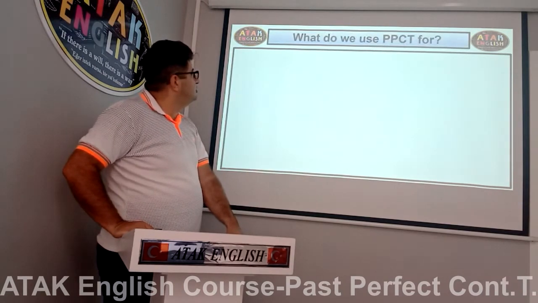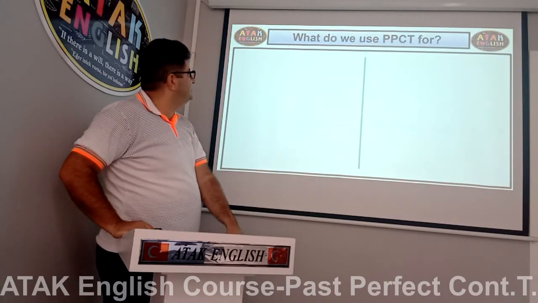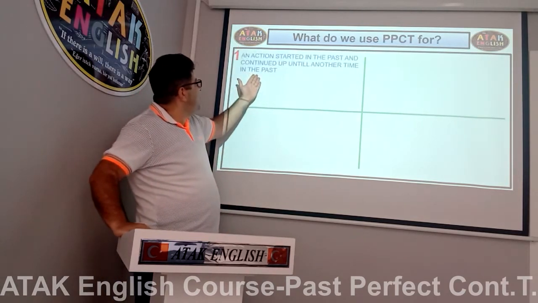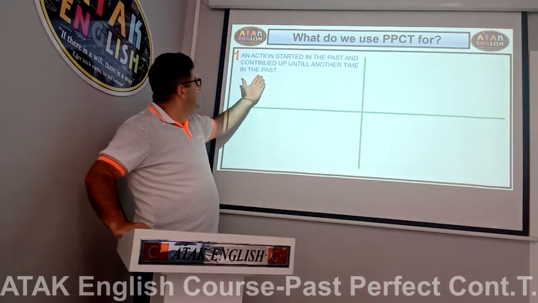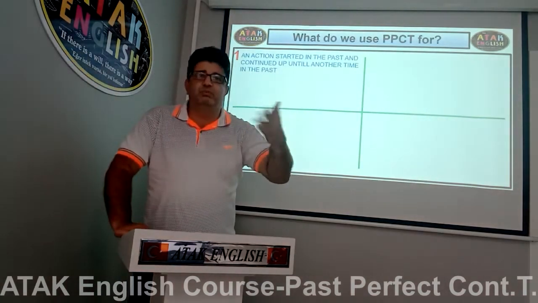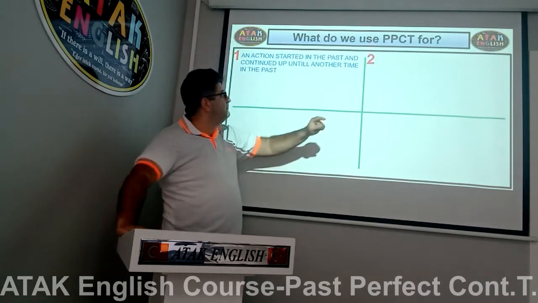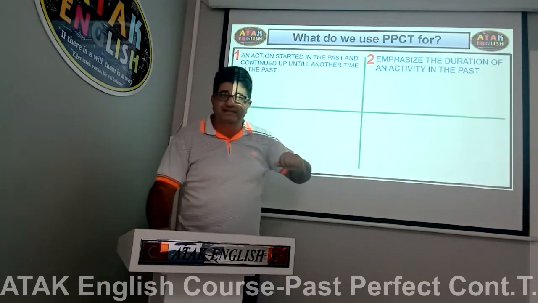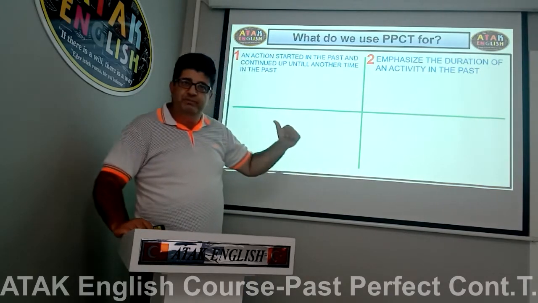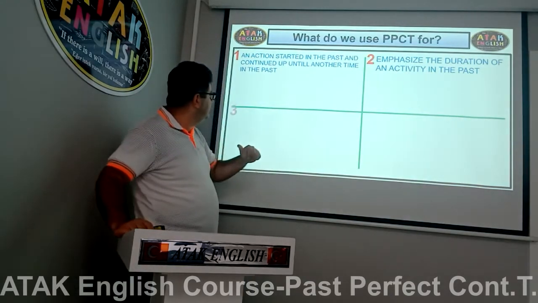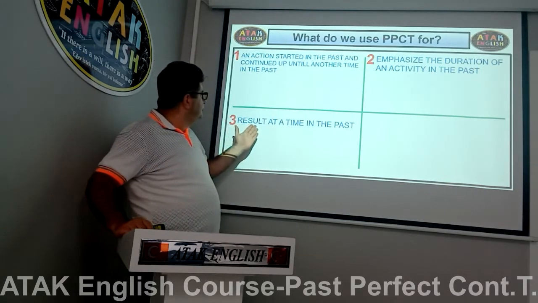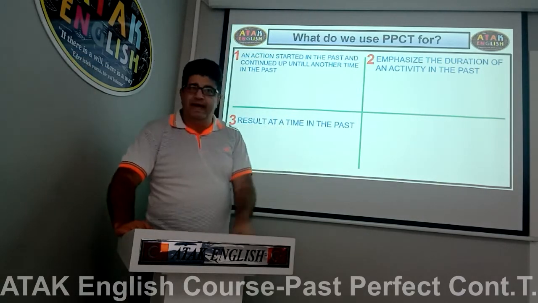What do we use past perfect continuous tense for? Number one, for an action started in the past and continued up until another time in the past. That's what we were talking about. Number two, to emphasize the duration of an activity in the past. We just mentioned it, and we're going to mention it in more detail. Number three, for a result at a time in the past.